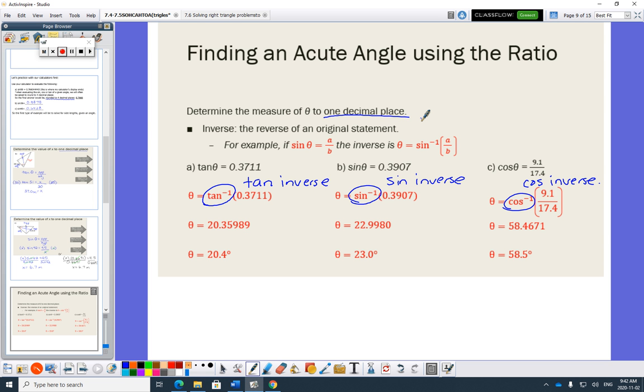Now, also, many of you might actually have an answer button. So you can do 9.1 divided by 17.4, push equals, then do cos inverse and push answer, and it saves the answer for you if you don't clear it out. But that's a shortcut that you don't need to use, but maybe moving forward, especially if you're going to take science, we use a calculator in chemistry and physics, maybe you'll be looking to make shortcuts in your calculator, but that doesn't matter.